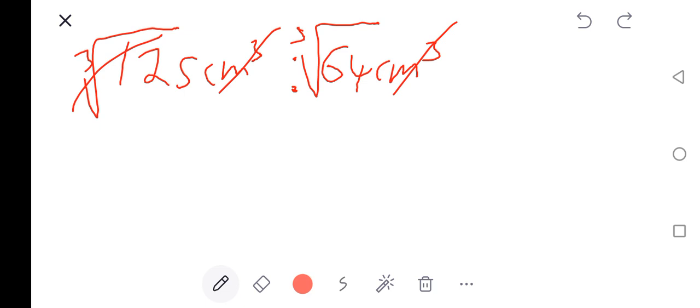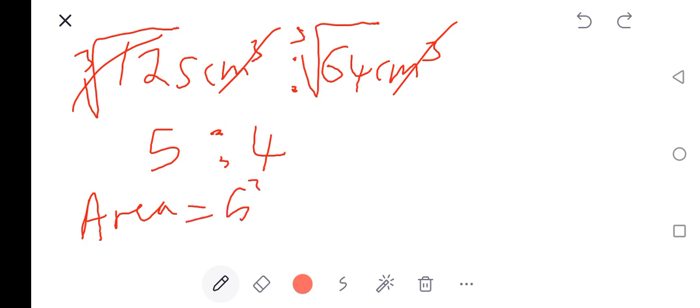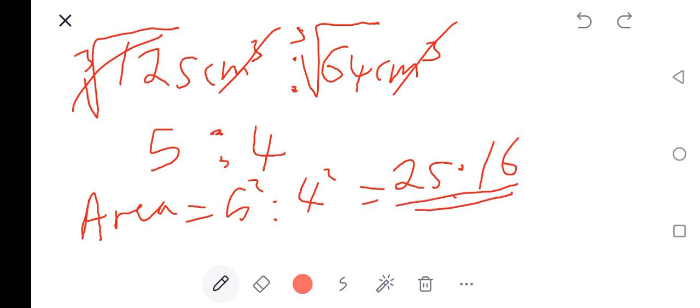What's the cube root of 125? 5. What's the cube root of 64? 4. We are looking for area, so you square. So the answer gives you 25 to 16. That's all.